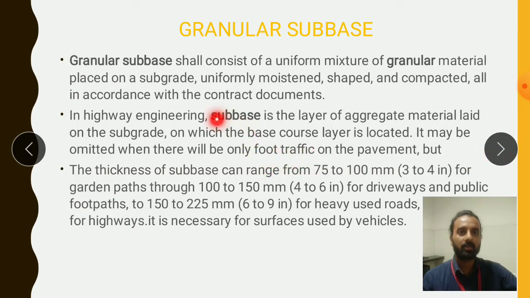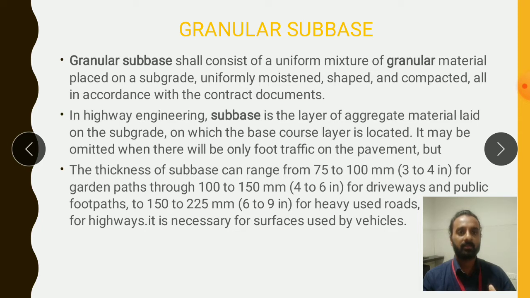Then comes the granular subbase. Granular subbase consists of a uniform mixture of granular materials. I will show you what the granular materials are. For example, gravel. So it's a uniform mixture of granular materials placed on the subgrade, uniformly moistened, shaped and compacted, all in accordance with the contract documents.